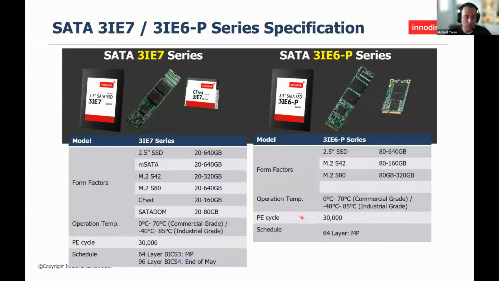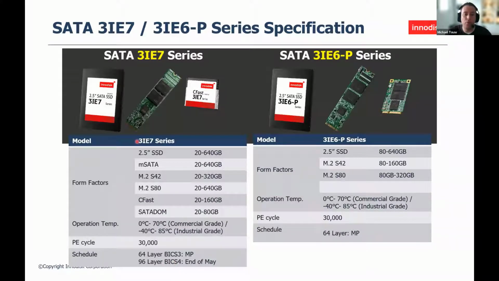And since MLC is going end of life, we have introduced this version, which is basically available in whatever you want. 2.5-inch, mSATA, M.2, CFast, SATA-DOM, in wide temperature and normal temperature. And we are also working on a BiCS4 solution. What is the difference between BiCS3 and BiCS4? It's the amount of layers in the flash chip, meaning the more layers, the more storage you have, and the cheaper the price of the storage is on BiCS4.